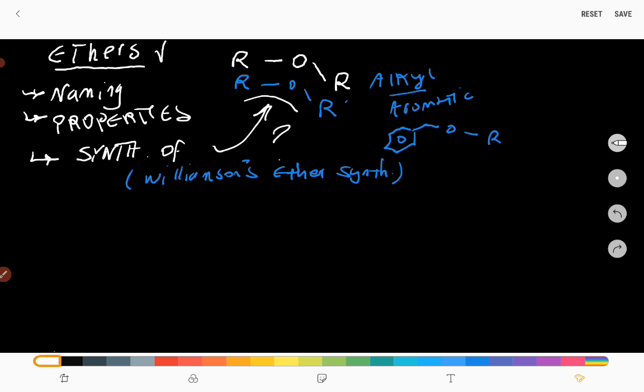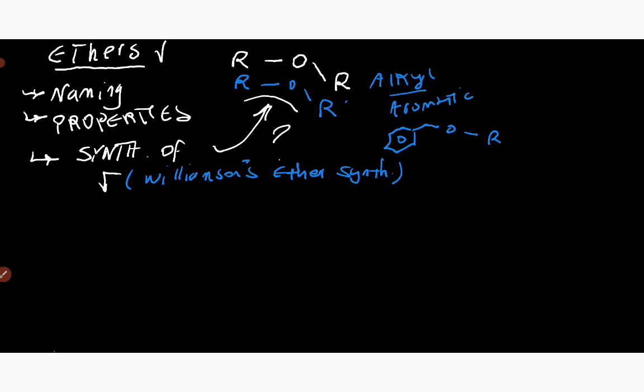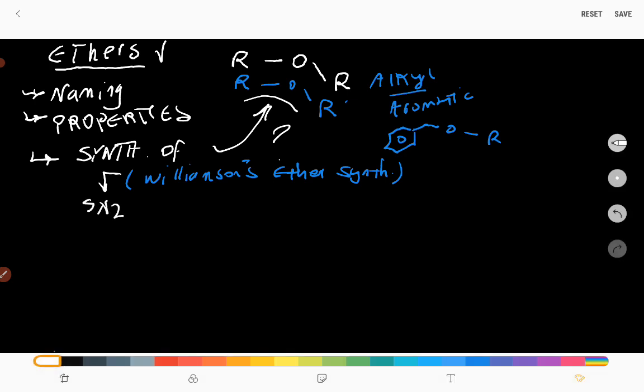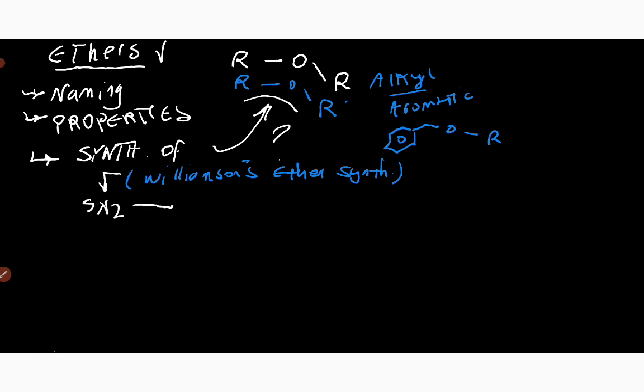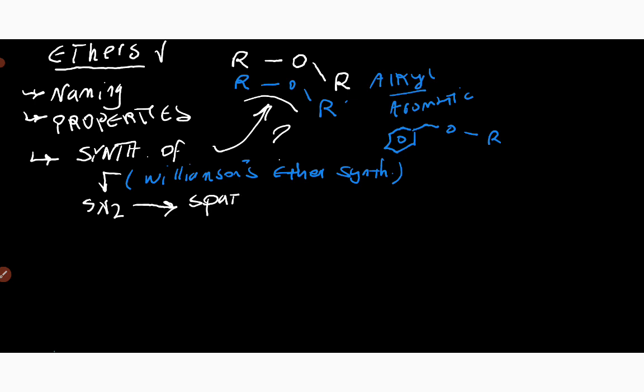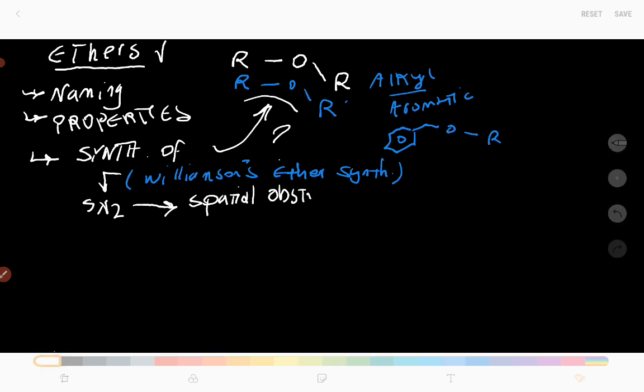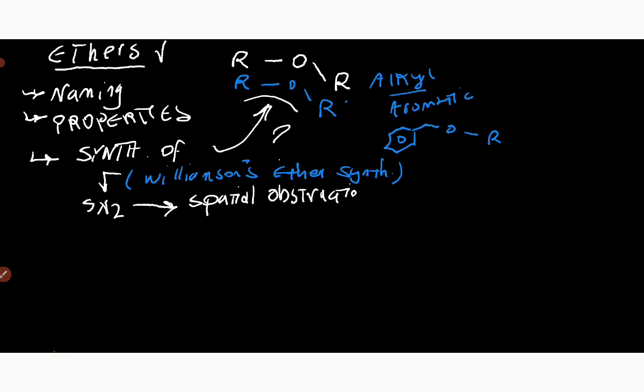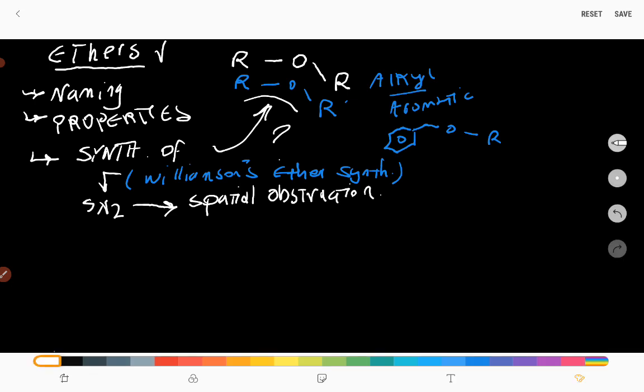We said that the Williamson ether synthesis is an SN2 reaction, and because it is an SN2 reaction, it has a spatial obstruction property. But what is the special structure for this molecule?